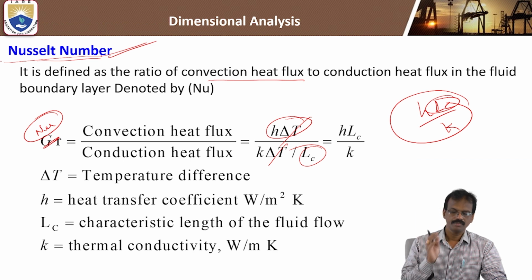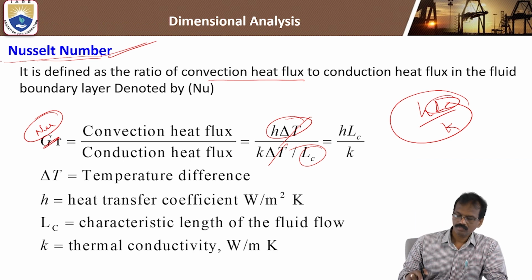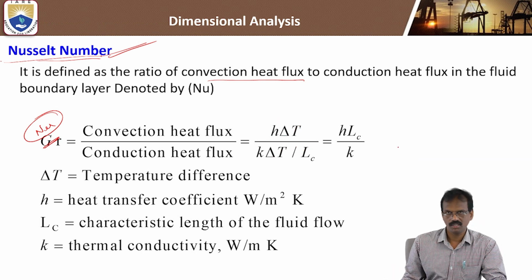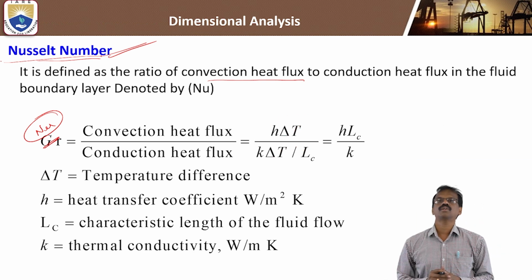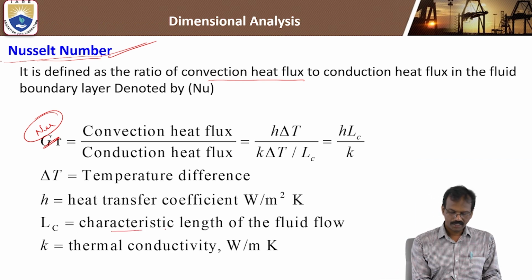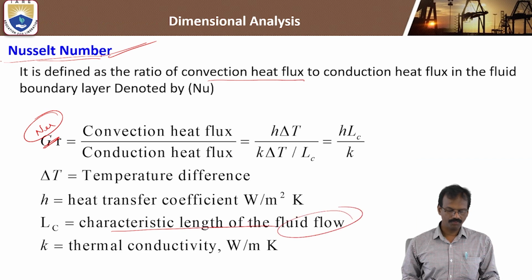The solid body may be of cylindrical form, or spherical form, or any rectangular form also. So Lc is the characteristic length of the fluid flow. k is the thermal conductivity.